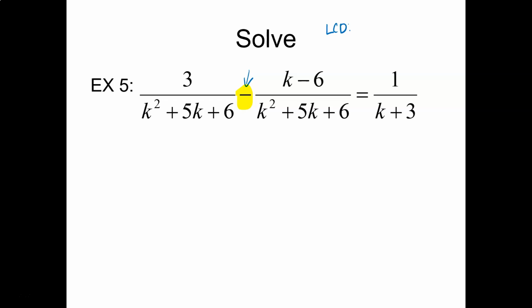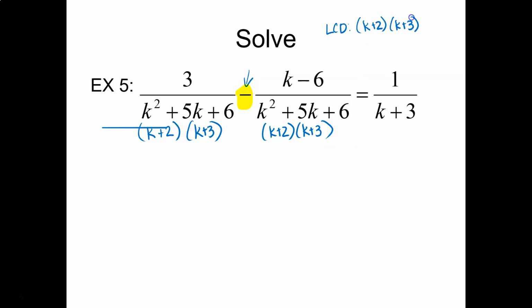So what we can do is factor this denominator before we decide on the least common denominator. And this factors into (k plus 2)(k plus 3). So does this one. So we could use just (k plus 2) times (k plus 3) as our common denominator.